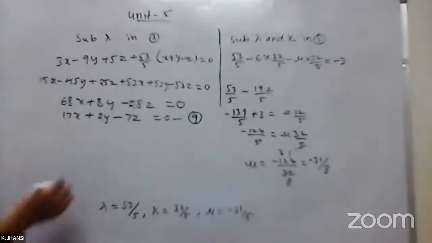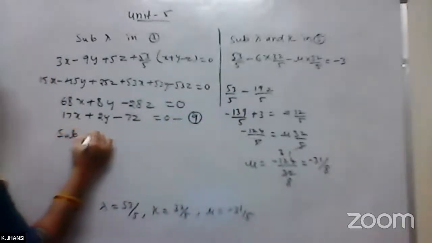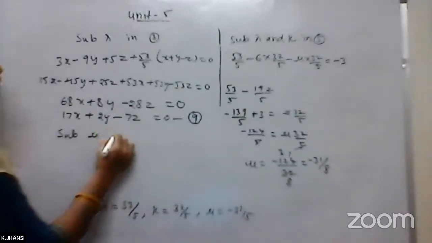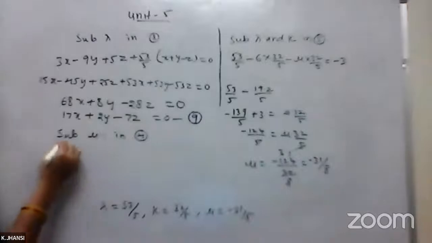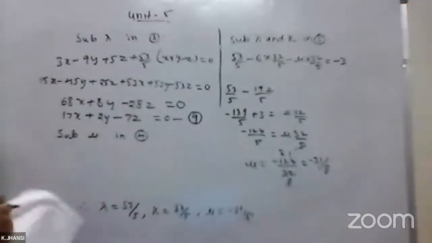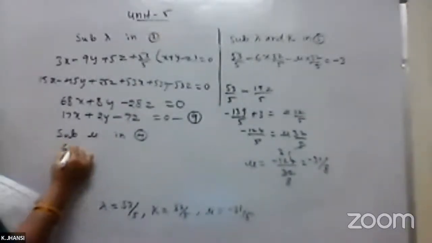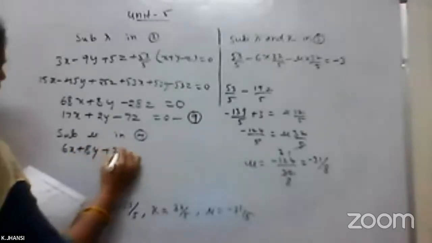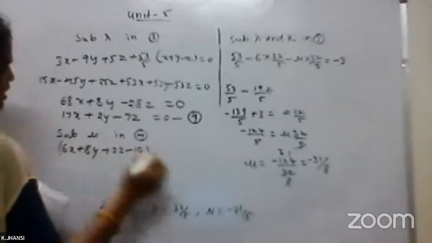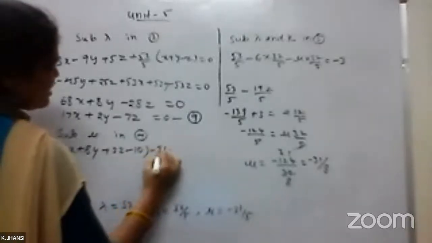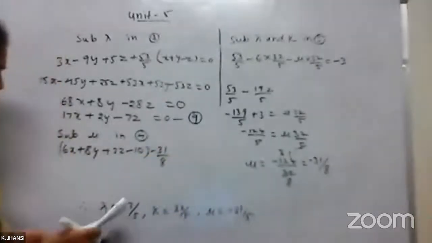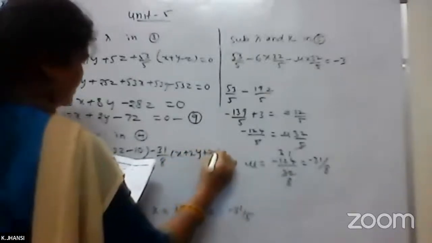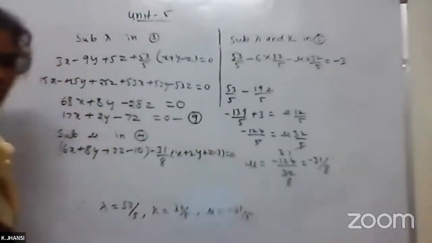Okay. Next, if we substitute the mu value, substitute mu in fourth equation. So fourth equation is 6x plus 8y plus 3z minus 10. And what is our mu? Mu is minus 31 by 8 into x plus 2y plus z minus 3 equals to 0. Okay.